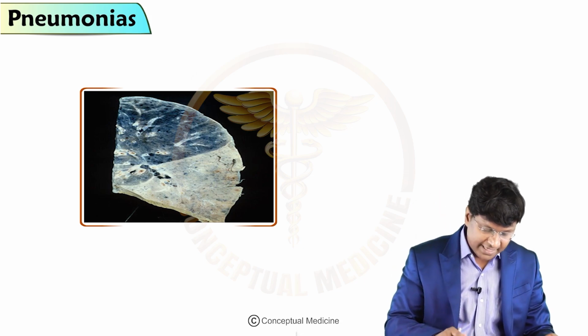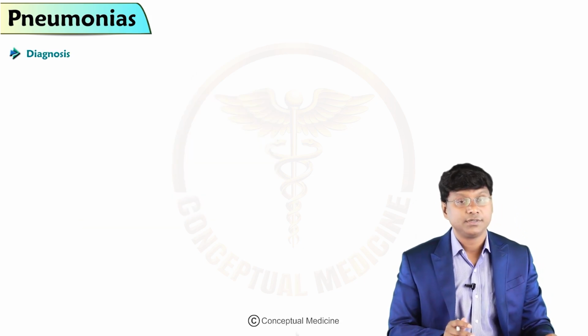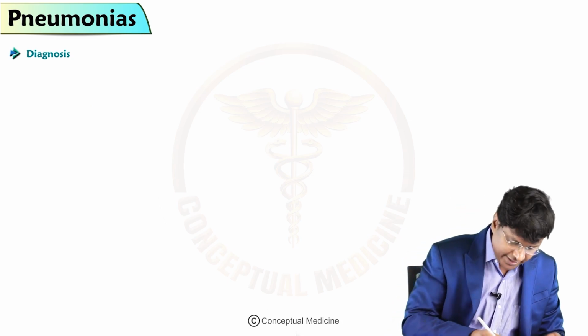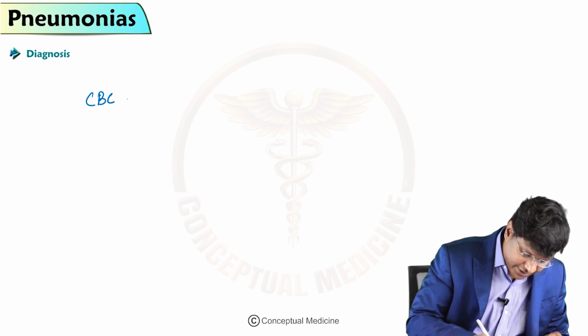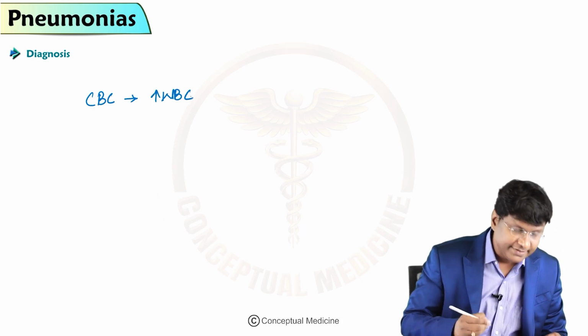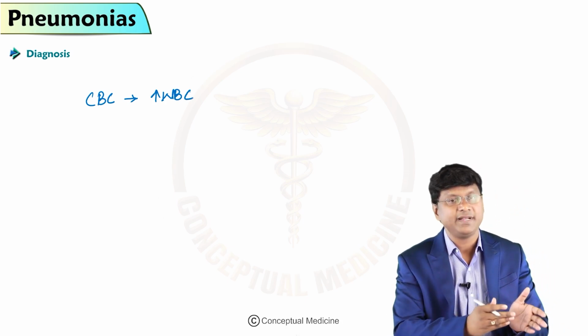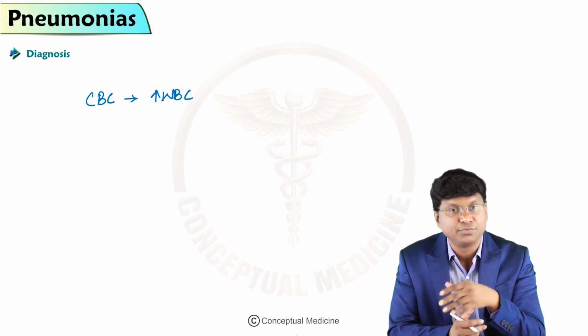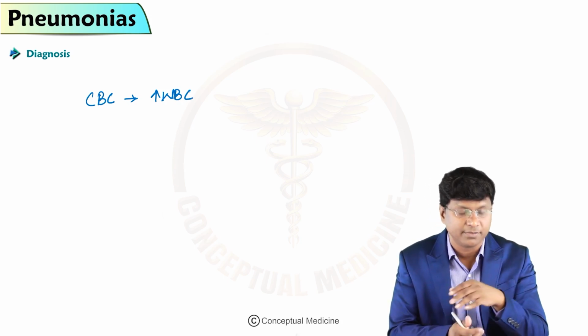Okay. Now, after having discussed the stages of consolidation, how will you diagnose these pneumonias? Very simple: complete blood picture will show polymorphonuclear leukocytosis, an increase in your WBC count. In lobar pneumonias there is neutrophilic predominance, and in atypical pneumonias, lymphocytic predominance.